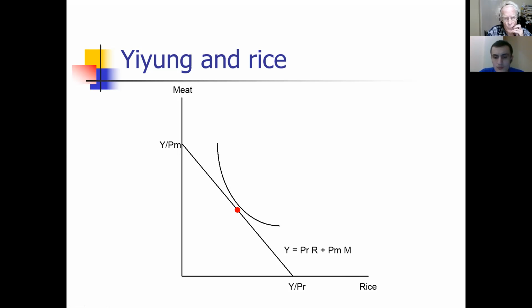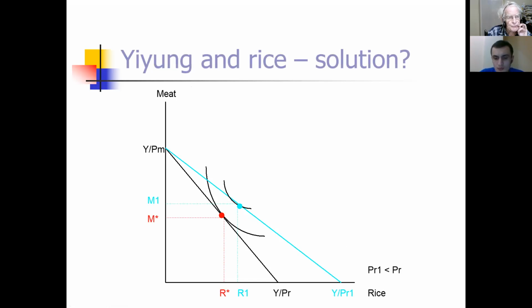One way to think about this is that the horizontal intercept is equal to income divided by a lower number than before. So there is the solution. The budget constraint swivels out, and then we maximize utility by finding the new tangency point. Okay so far.